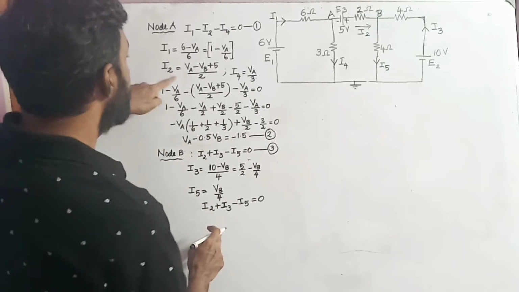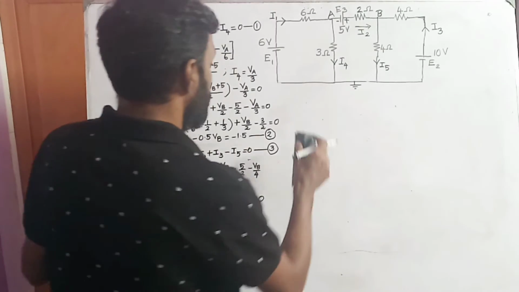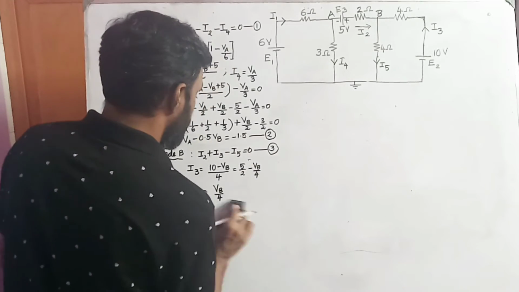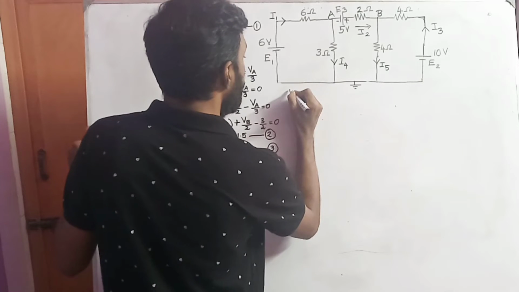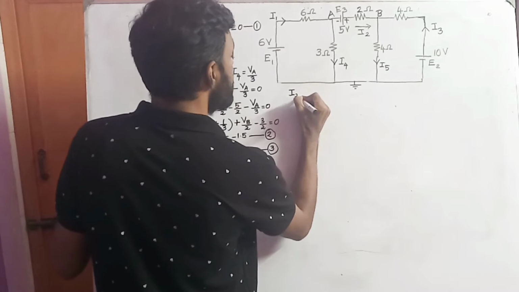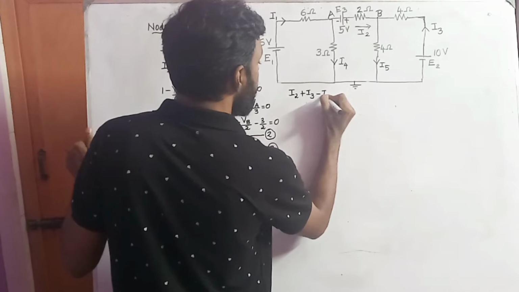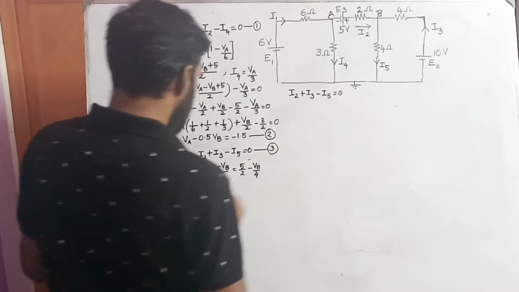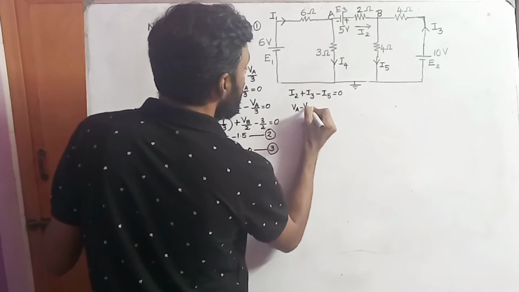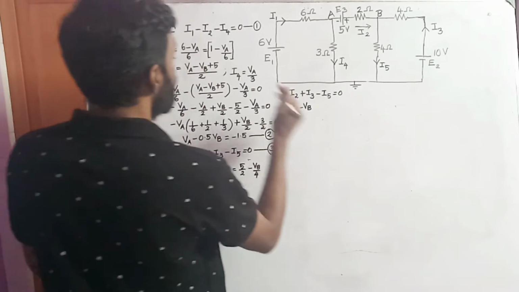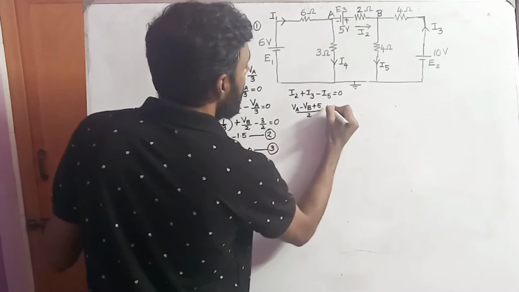So I2 value is VA minus VB divided by 2, plus I3.